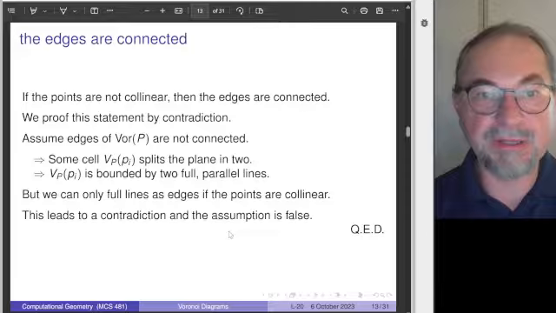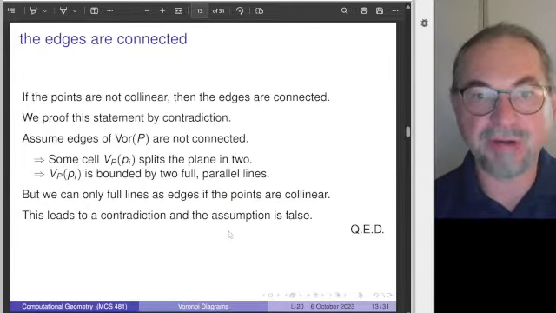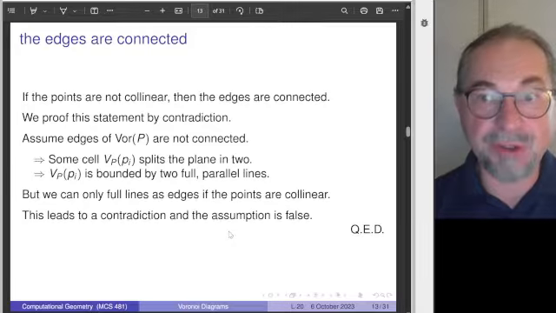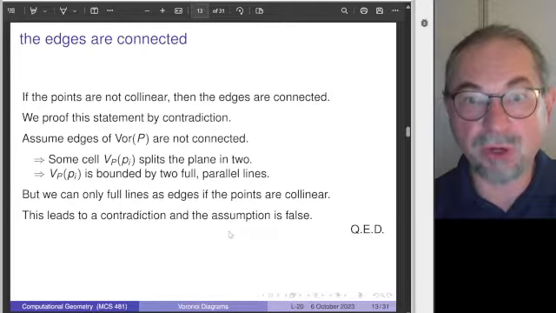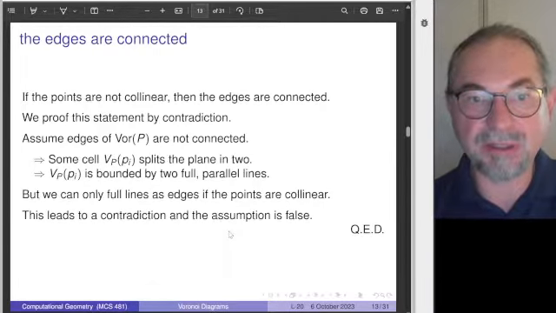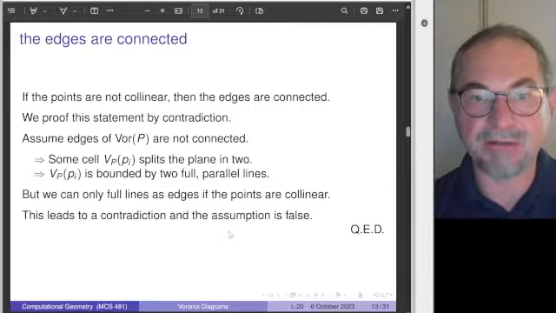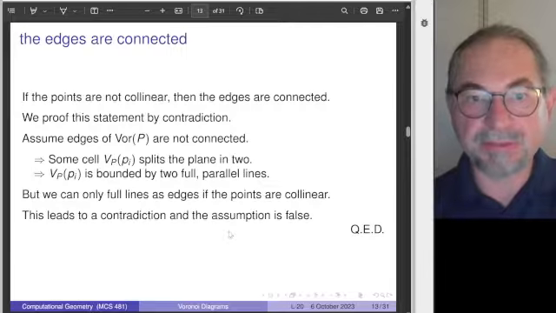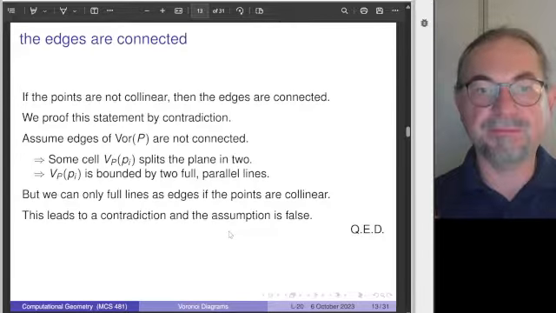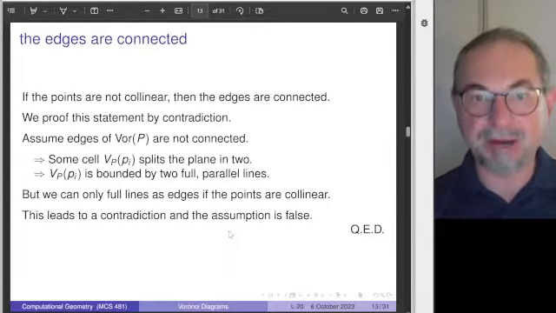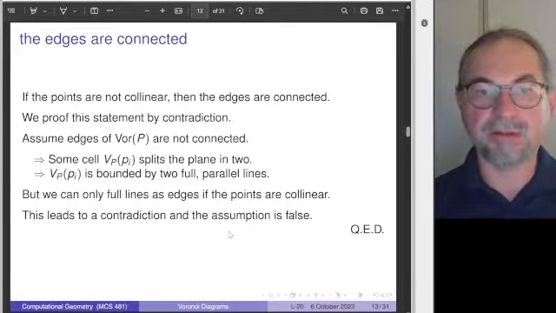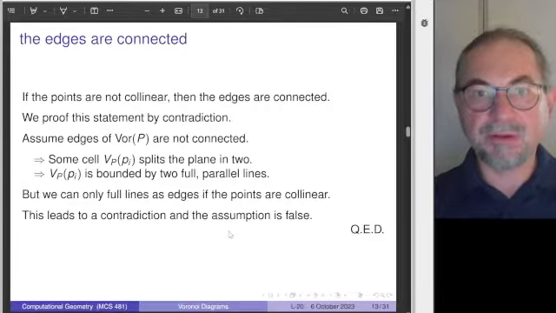So we have to prove the connectivity. So all edges are connected. Again, by contradiction, assume that they are not connected. Then actually we have a cell that splits the entire plane in two. But this can only happen if the Voronoi cell is bounded by two parallel lines. But we can only have two parallel lines if the points are collinear.